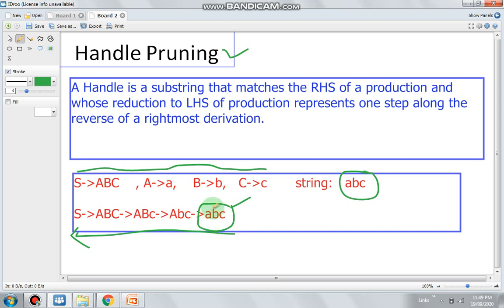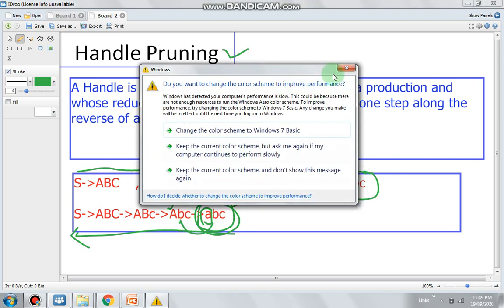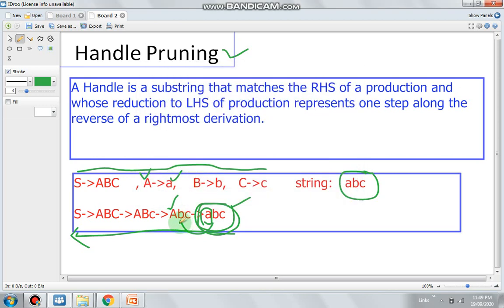So suppose in this string ABC, if I choose substring small a and look at the production rule where small a is, and if I replace small a by the left hand side of the production rule, capital A, I can go one step back in rightmost derivation in reverse order. So here a is handle.